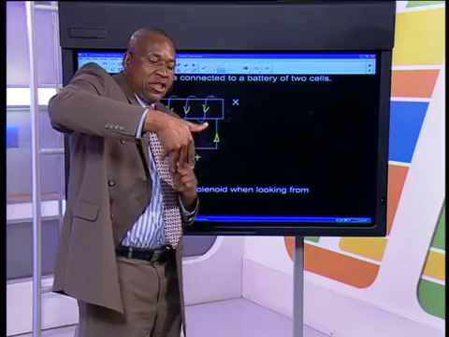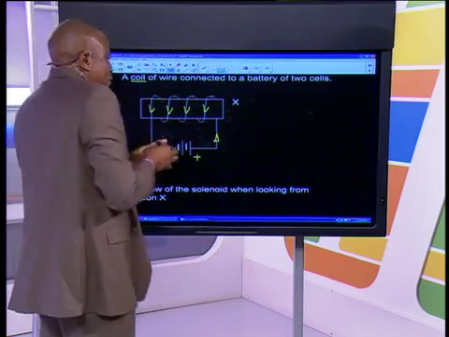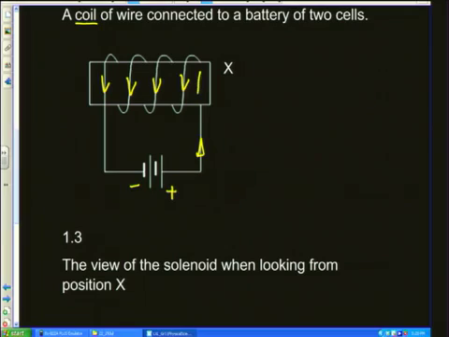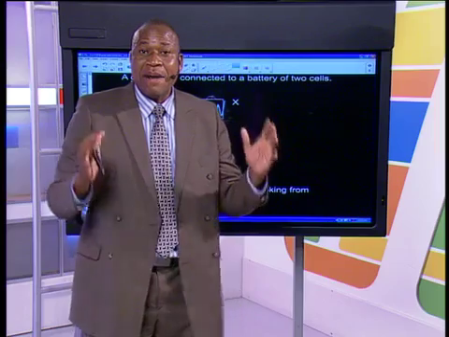So in this case, it will mean that we have our north end this side. Let me use a different color for this so that we all see this and understand it. So the north end is that side. Obviously, if the north end is that side, this will be the south end. So this will behave exactly like a bar magnet.